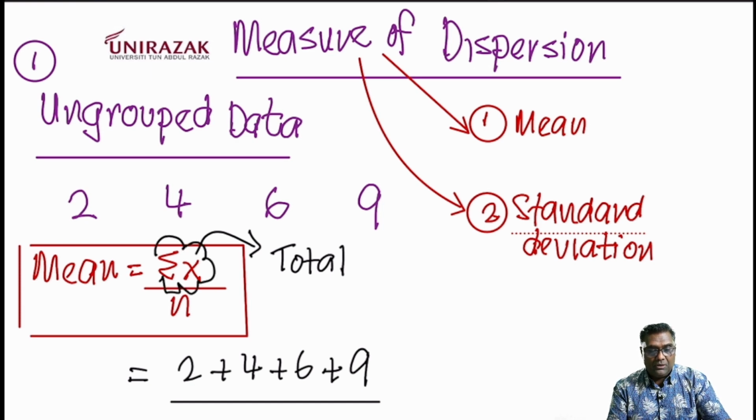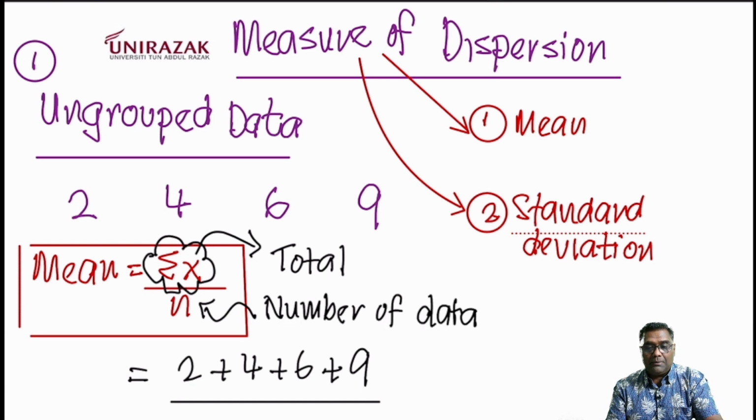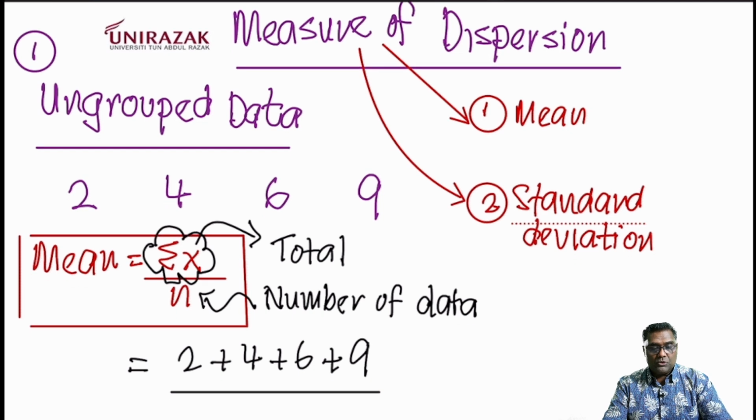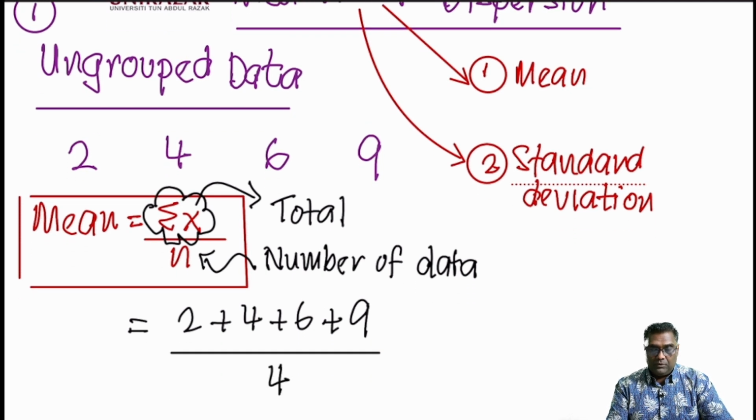This is what we call sum of x. What is n? N refers to number of data. That means how many numbers are there? If you check, got 1, 2, 3, 4. 4 numbers of data. So we divide by 4.